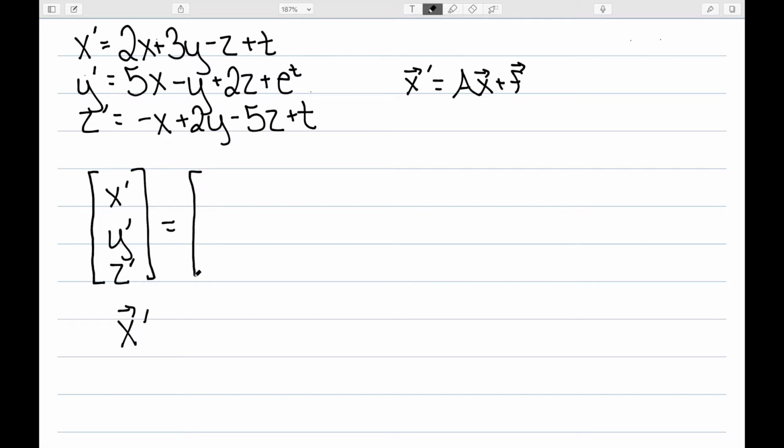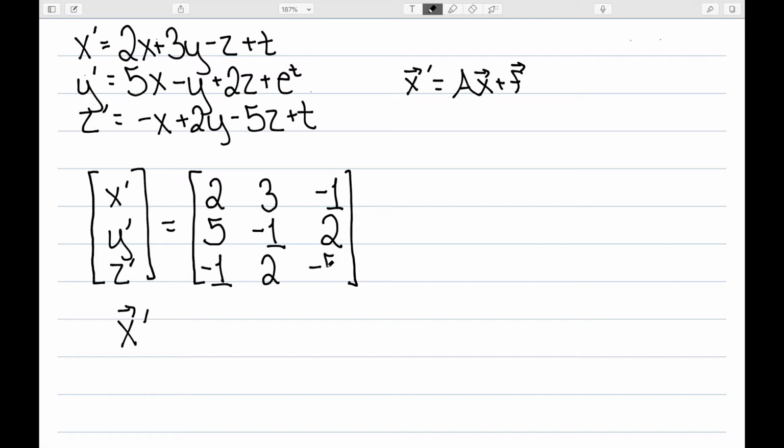This should be equal to our coefficient matrix, so we're going to look at the coefficients of x, y, and z. I have a 2x, 3y, minus z. My second equation gives me 5x minus y plus 2z. And my third equation, negative x plus 2y minus 5z. So there's my coefficient matrix A.